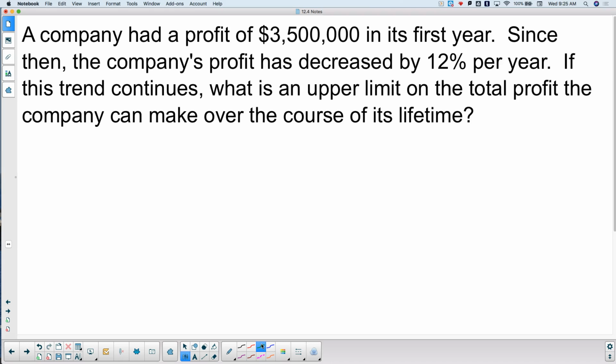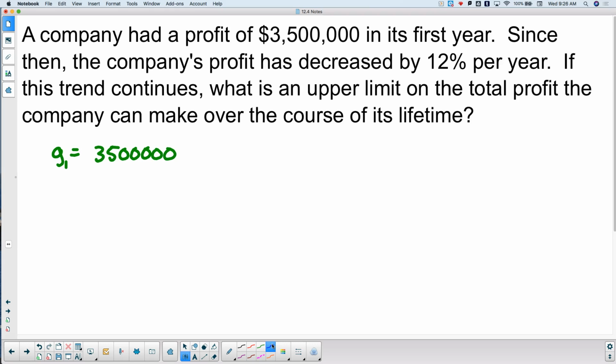Well, we've got a first term of 3,500,000. Okay. We've got an R value of what? What would our R value be?